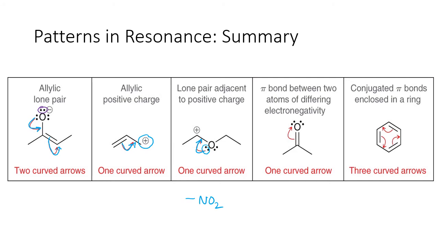The pi electrons got pushed towards the more electronegative atom, and that only took 1 curved arrow. And then lastly, you could have conjugated pi bonds in a ring, and this example was that of the benzene ring. Here we needed 3 curved arrows to move all of the pi electrons either in a clockwise or counterclockwise direction.